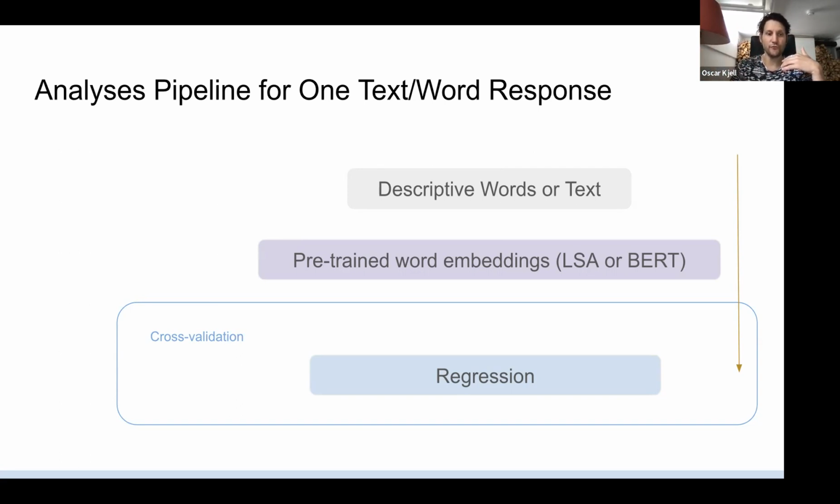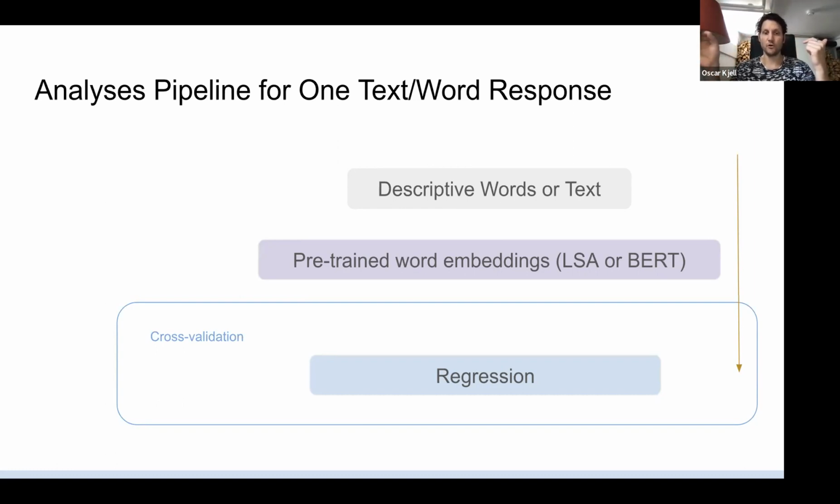We're using cross-validation, which basically means we take 90% of all participant data and fit the model there. Then we apply that model on the 10% that was left out, so that we get predicted scores for them. We redo this procedure until we have predicted scores for all participants.